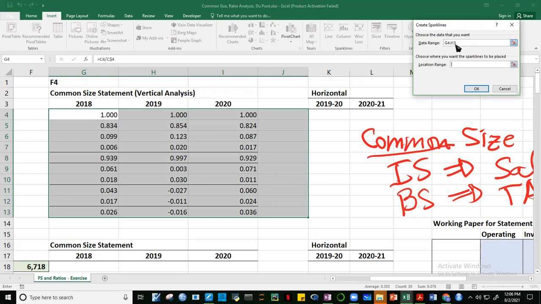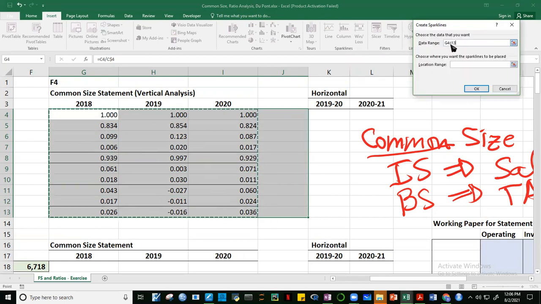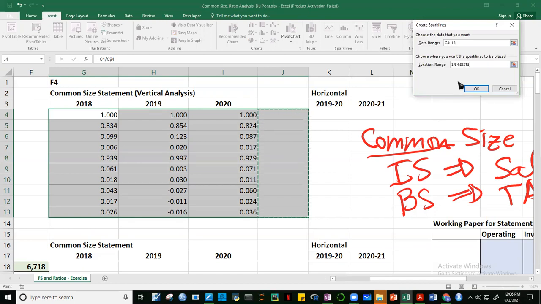The data is from G4 up to I13, no? Yan ang data natin. Okay, location range, dito yung sparkline natin, yung J. Okay, G4 to I13, yun yung data natin.